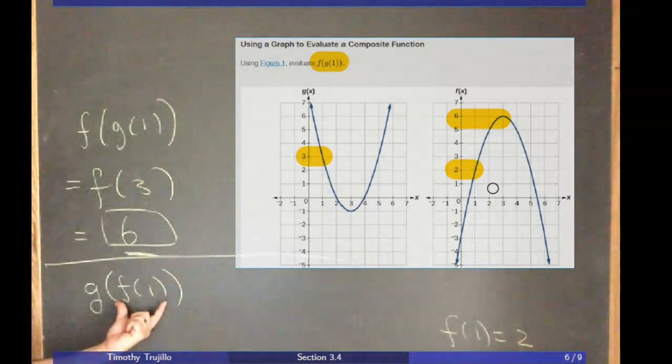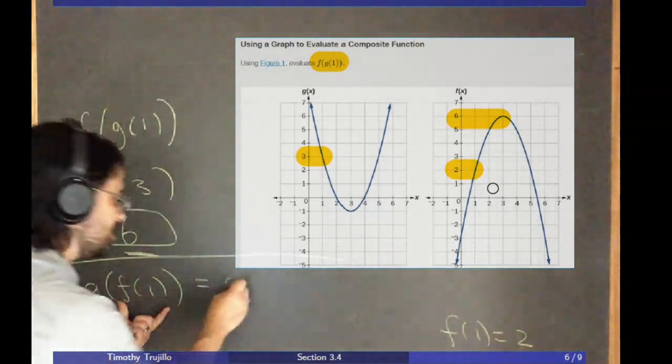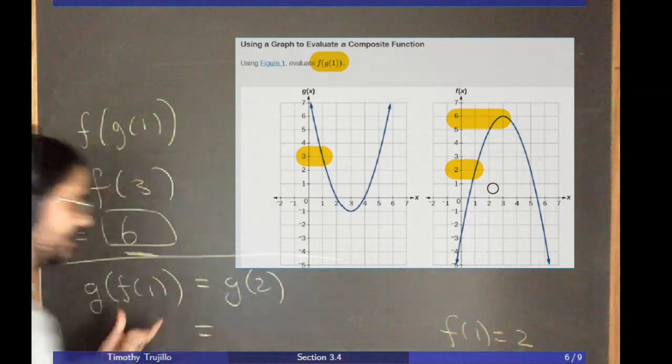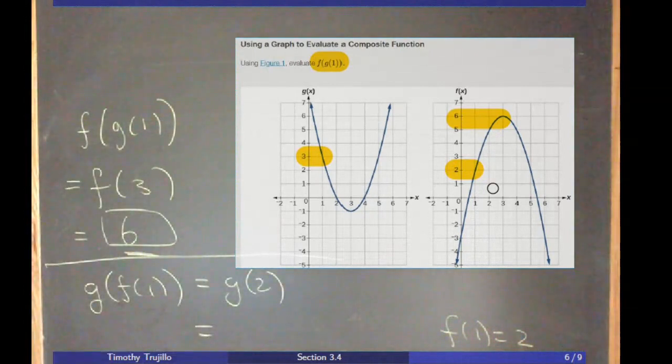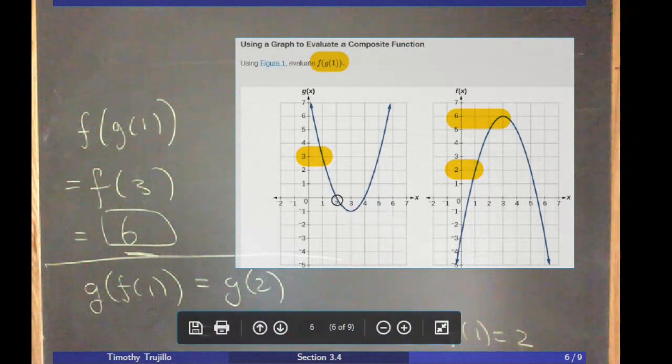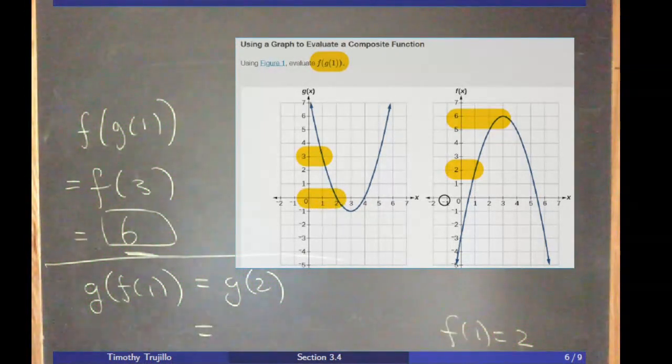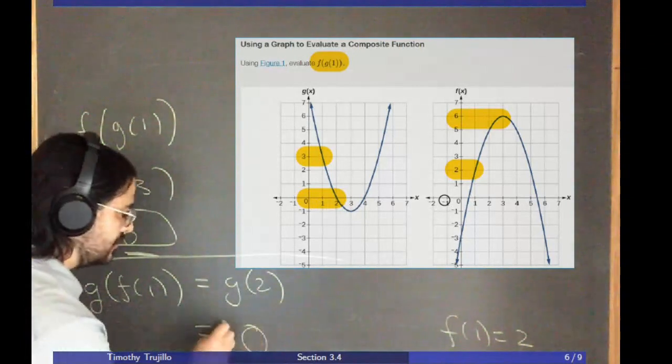And that means I can just replace this whole f of 1 with 2. So g of f of 1 is g at 2, right? So what is g at 2? It's 0, right? It hits the graph right there at the x-axis, and if we track back over to the y-axis, it has a value of 0. So g of 2 is 0 in this case.